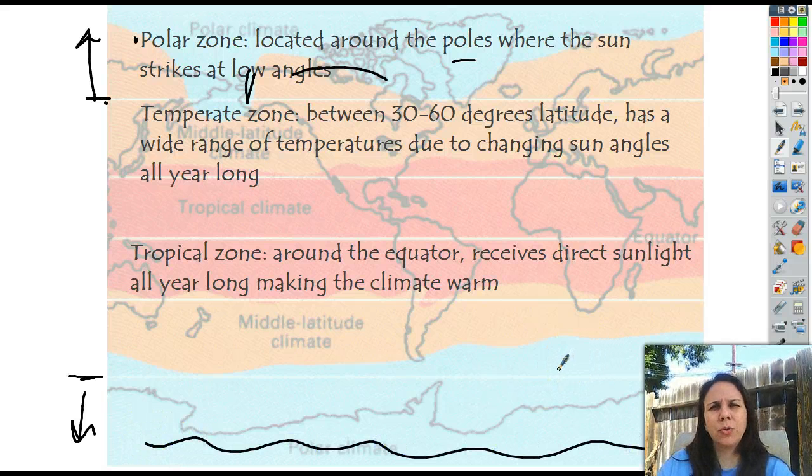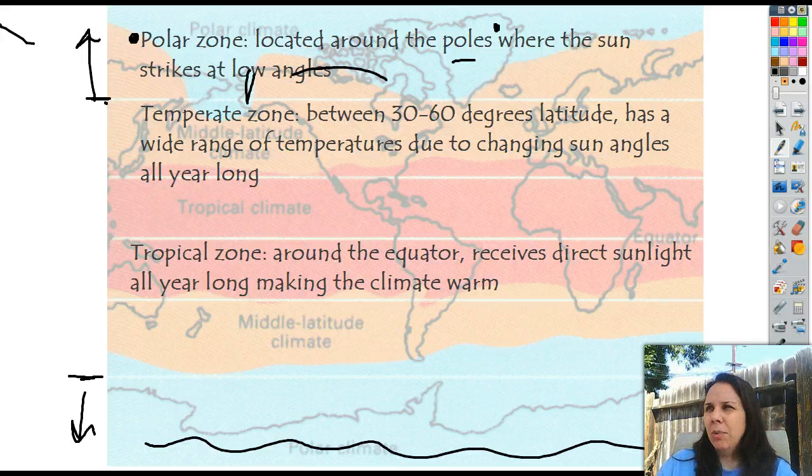Some of the coldest temperatures recorded on Earth can be found, actually I think it's like right around here. And so these really stinking cold temperatures make the polar zone pretty much uninhabitable by humans. You can have polar bears and walruses and things like that, but for humans, it's just too cold. It's really hard to survive there without freezing to death or something.